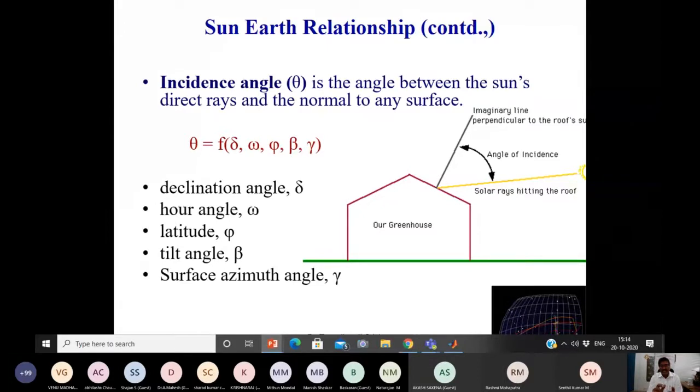This angle is defined between the equatorial plane and the straight line joining the center of the sun and the center of the earth. So that line always makes an angle with the equatorial plane. So this declination angle is defined with reference to the date. First we have to define on what date we are going to find this incidence angle. Once the date is defined, that date gives the declination angle.